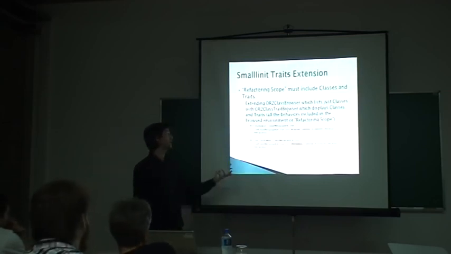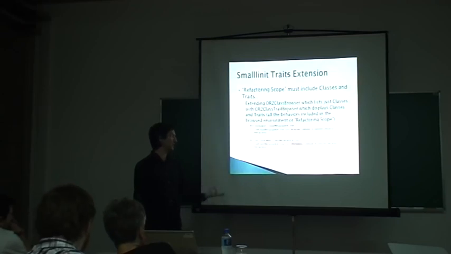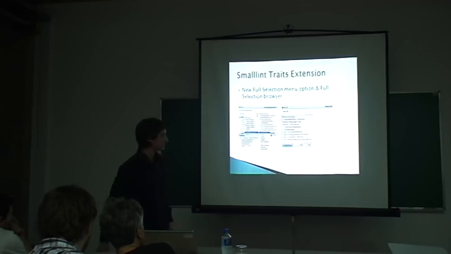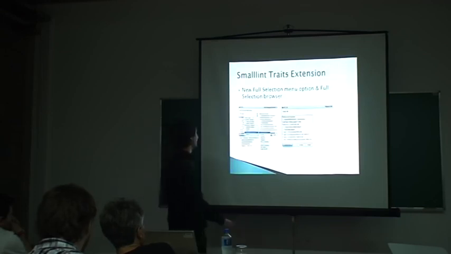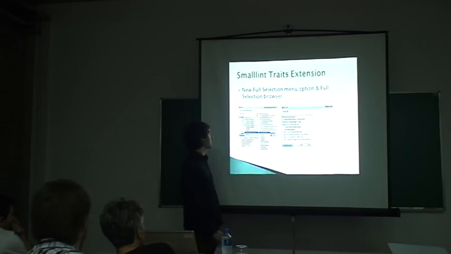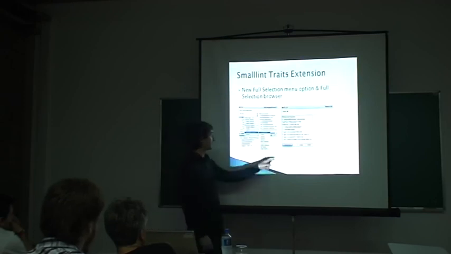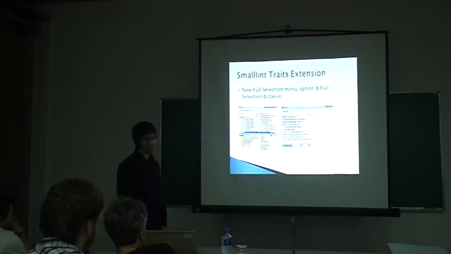So in this way, the expected model will include traits and classes. I am not going to go deep in this detail because it doesn't make too much sense. Here we have the new menu option for browsing the environment of the factory scope. And here we can see that it includes also traits, both classes and traits.